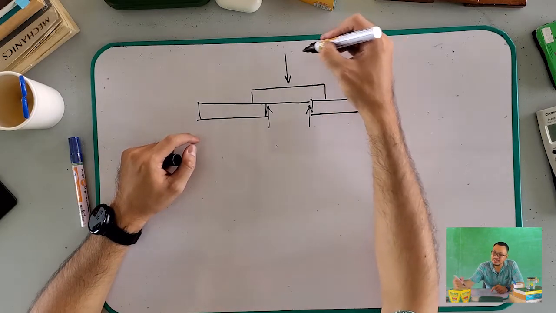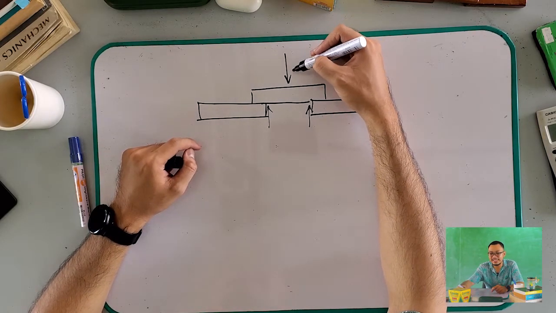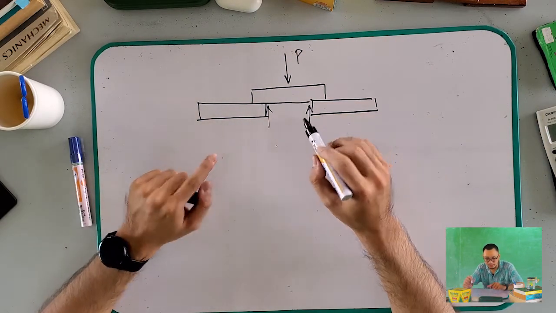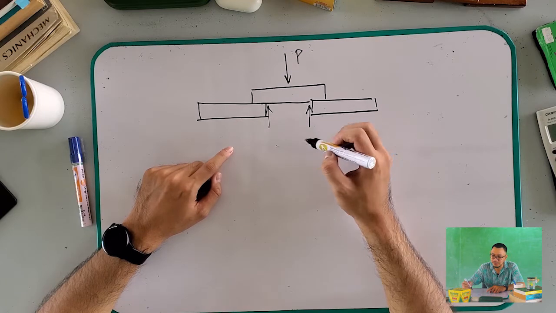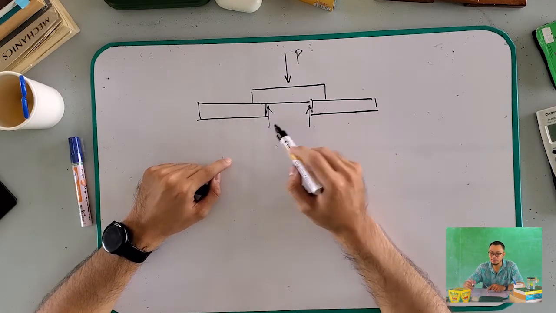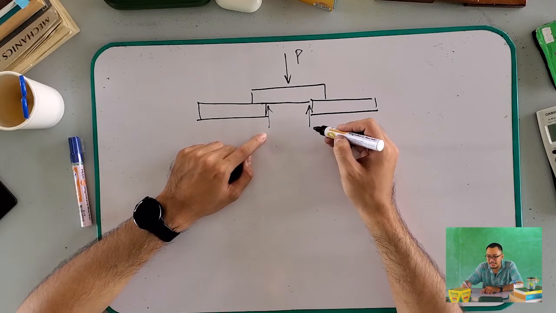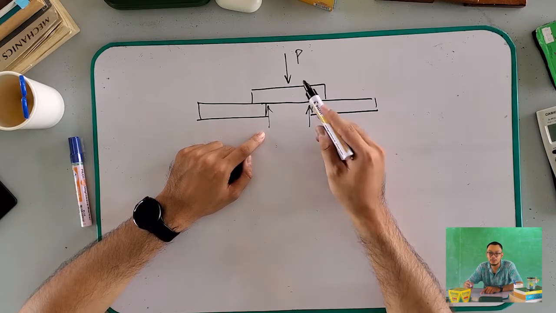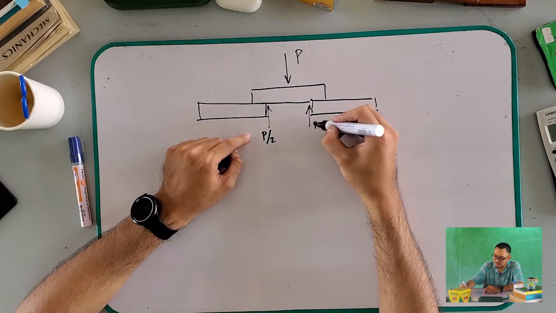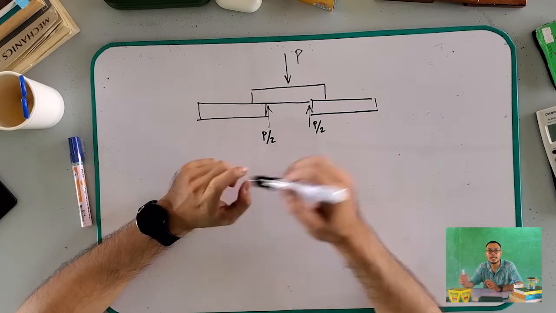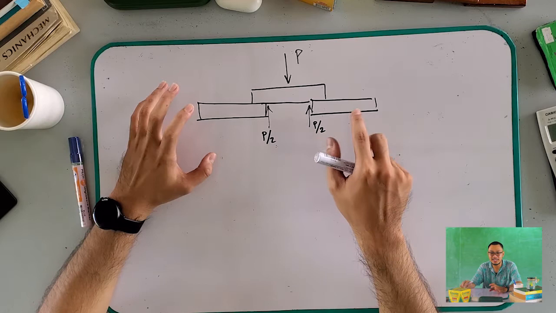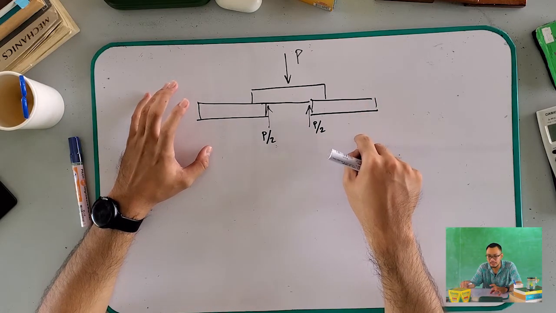Let's say the force that we have applied in this block is called P. So for this to be in equilibrium, we assume the blocks below split the force of P. So let's call it P over 2 and P over 2. These are the reactions happening on our block.